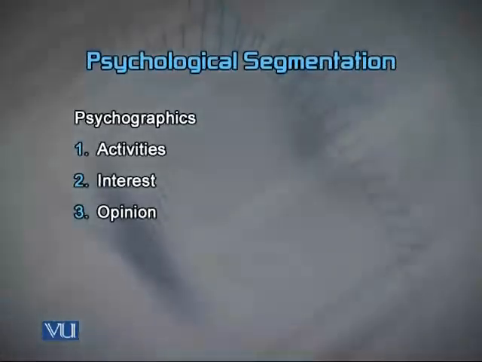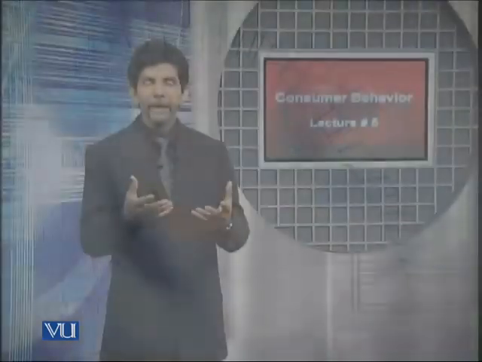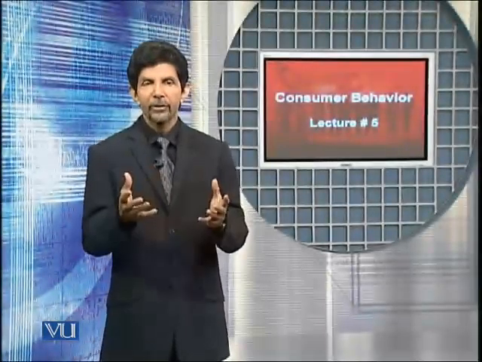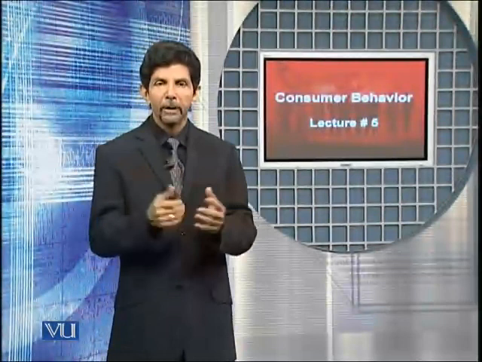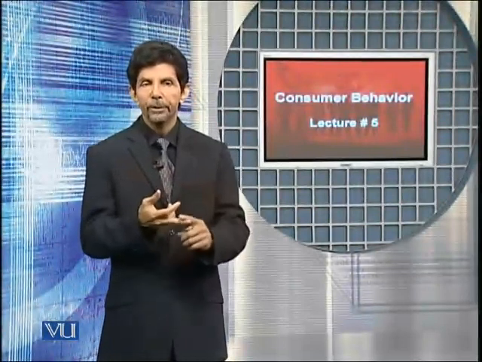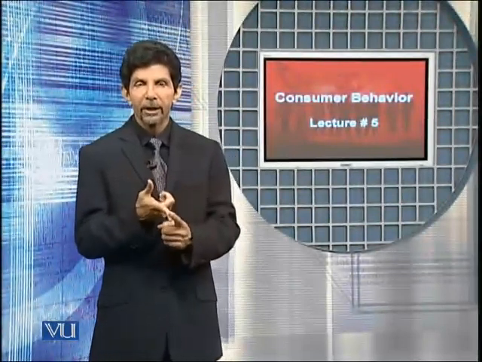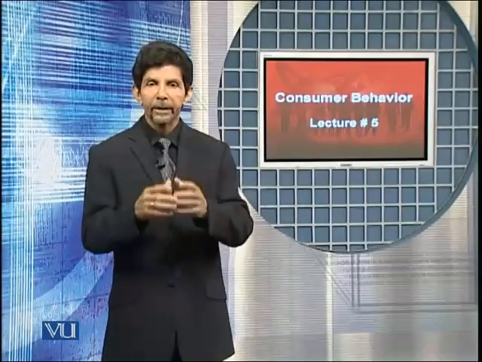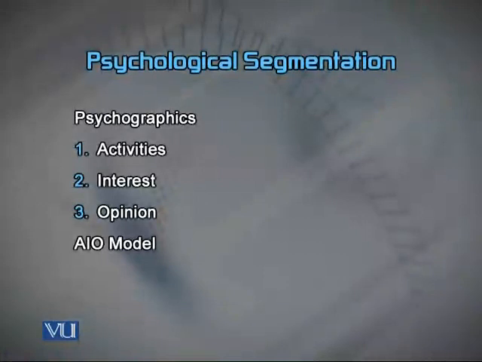And the third one is opinion, which means basically what is my feeling about anything, any phenomenon. It could be political opinions, opinions regarding a product, or opinion regarding a particular behavior. So AIO, which is the acronym for activities, interest, opinion, is the major area of discussion.